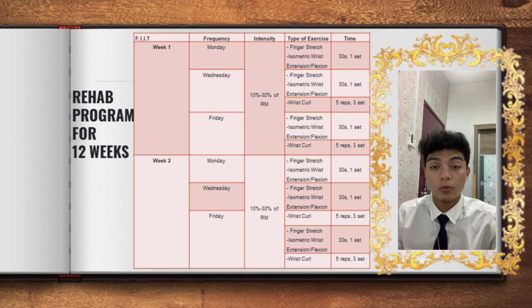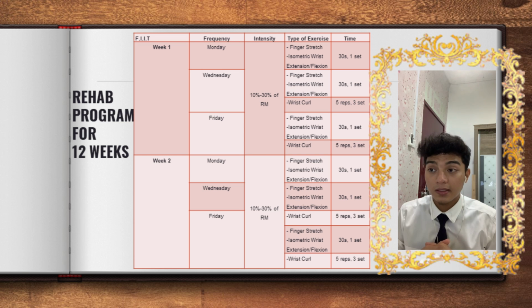Okay, proceeding to the next week, which is week 2. Also, it occurs on Monday, Wednesday and Friday. The intensity is the same as week 1. For Monday, it has finger stretch, isometric wrist extension and flexion for 30 seconds in one set.